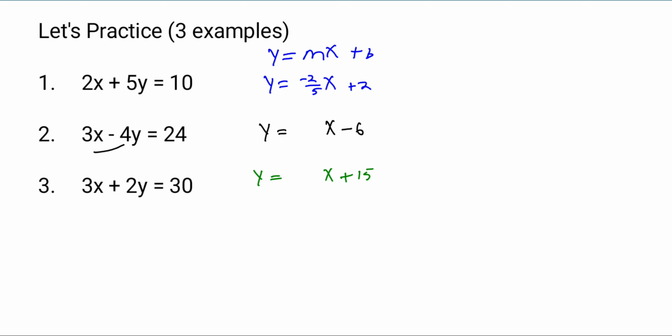Four goes under the 3. It's a negative 4 originally, so now we change the sign and it becomes a positive 4. So this is going to be 3 over 4. And then our last one here, 2 goes under the 3, so we change the sign. It's going to be negative 3 over 2. That's it. That's all three of them.